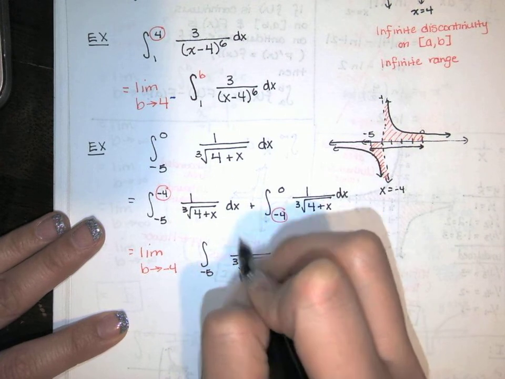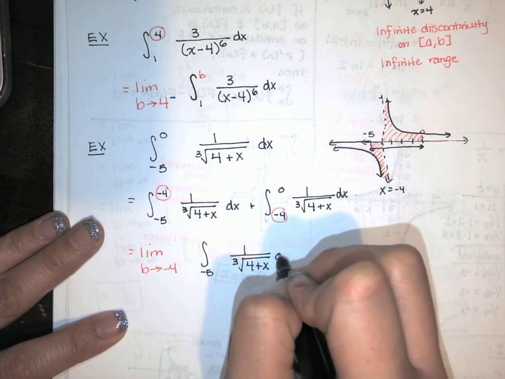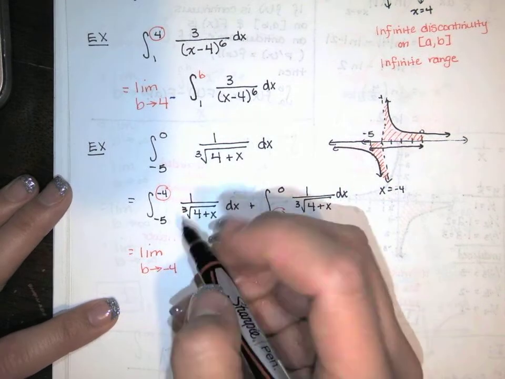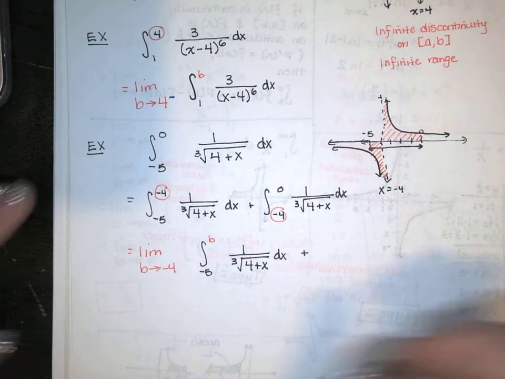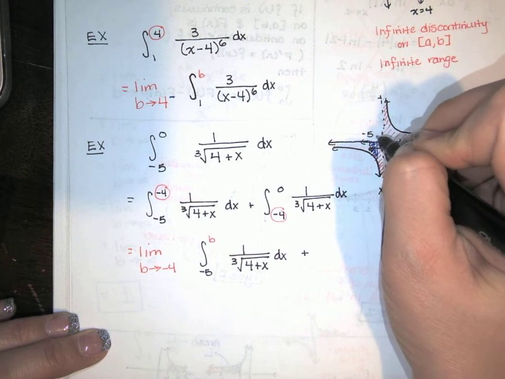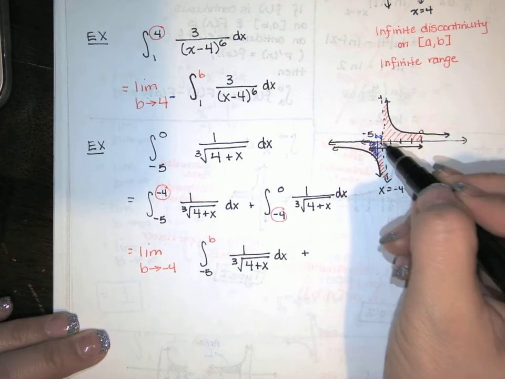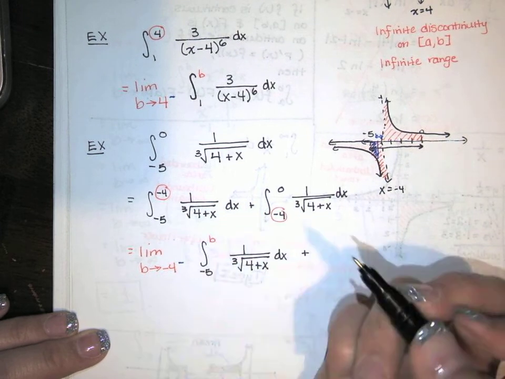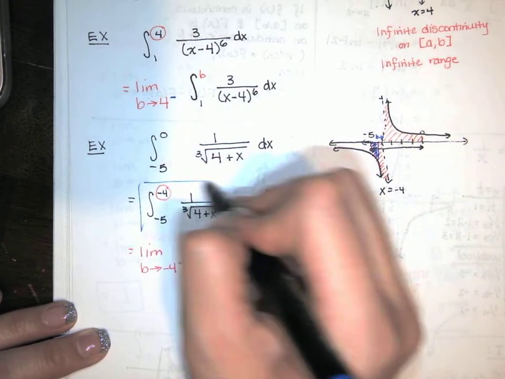You could do the algebra on this, because you're going to need to before you anti-differentiate, but you replace this with a b. So we're going from -5 to b. We're finding this area, and then we're letting b get close to -4 from the left. That's just this first guy.